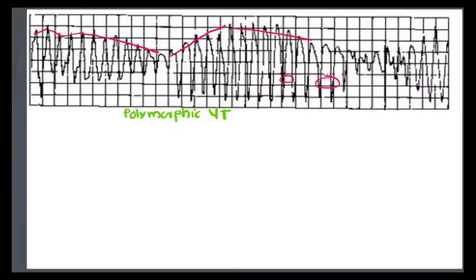The gap is a bit big compared to this. The rhythm is not regular, something like atrial fibrillation. So in polymorphic VT, the main thing you need to remember is that the amplitude keeps on changing.